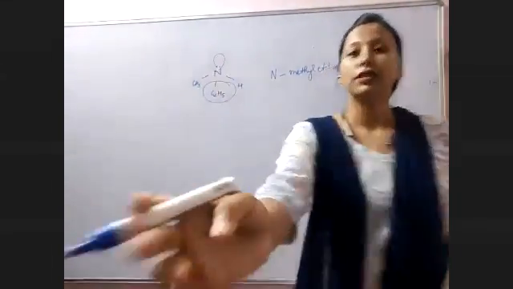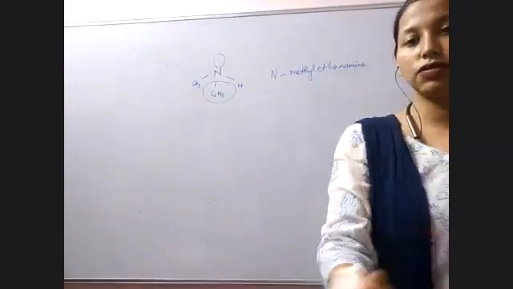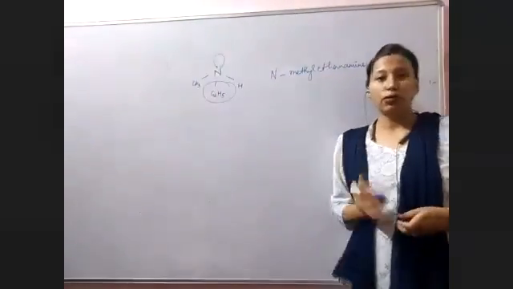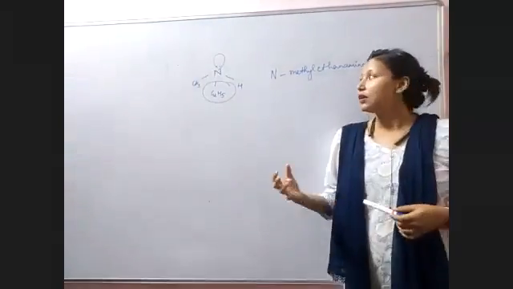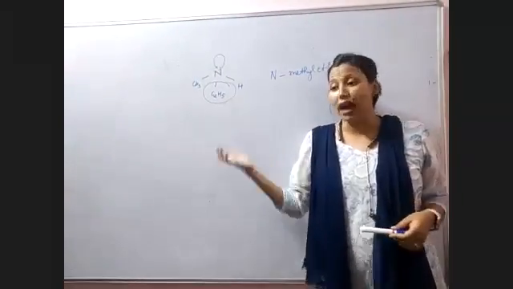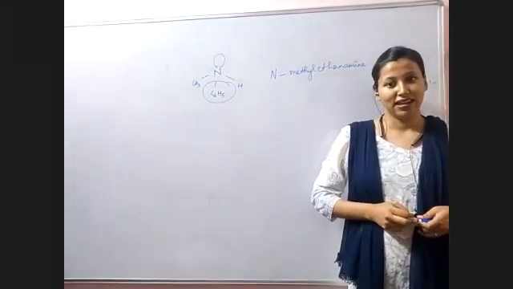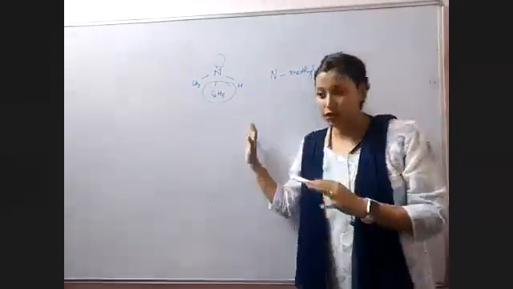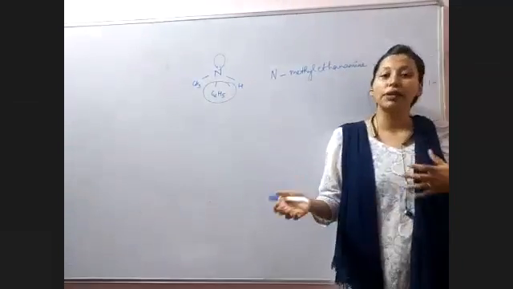Now, can you tell me something? Somebody needs to draw. अच्छा. So nitrogen के पास यहाँ lone pair है. Now, my next question is, will this molecule be chiral or achiral? Will this particular molecule show optical activity or will it be optically inactive?